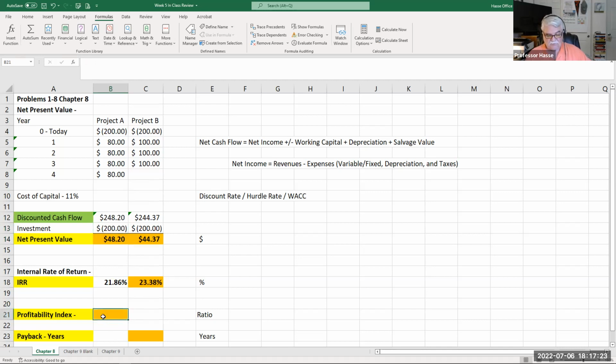So all I have to do is type in the ratio, equals the discounted cash flow divided by, and I'll make that negative, the investment to make that a positive, and my ratio is 1.24. Now, some textbooks and some circles say the profitability index is the relationship of the net present value to the investment, which is nothing wrong with that.